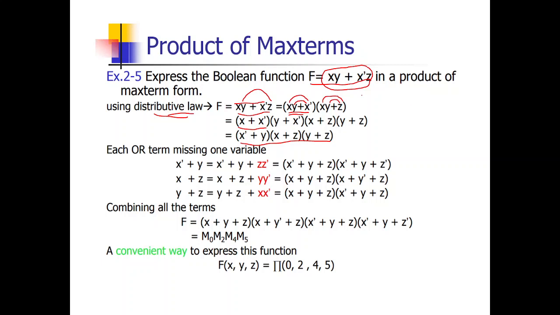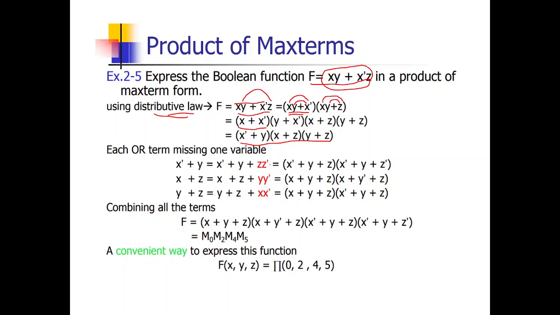If it is given as sum of product, then sum of product has to be converted to product of sum. After that we have to include the missing variables. The missing variables and term have to be ORed here.